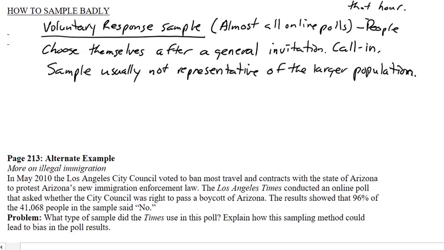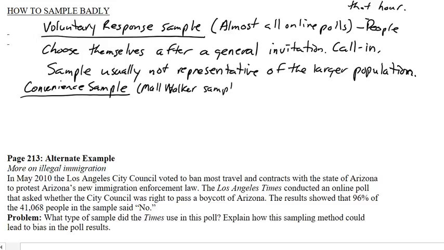And another one is called a convenience sample. You know, I call this a mall walker sample. It's a sample of people who are easy to reach.